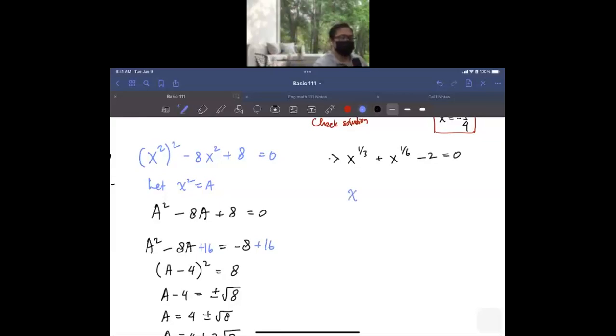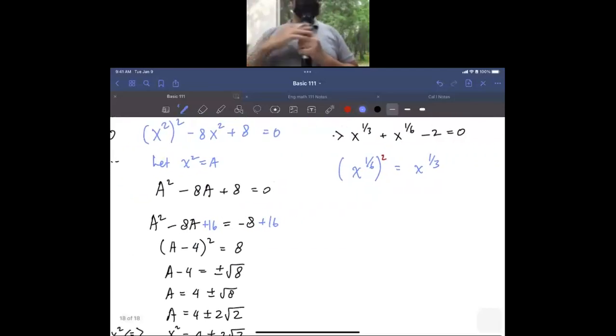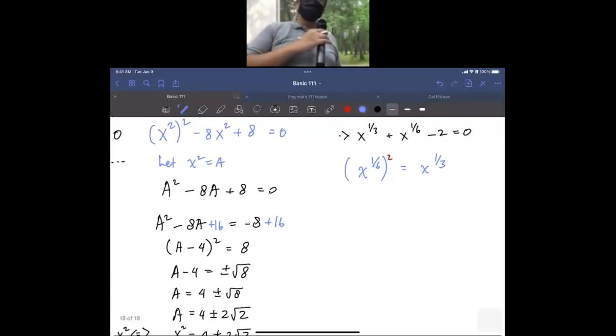Okay, so let me just go ahead. So if we have x with 1/6 as the power, if we square this, it will be x with 1/3, right? So if we could somehow make this x with power of 1/6 as another variable as we did here. Let's say we have a or b.